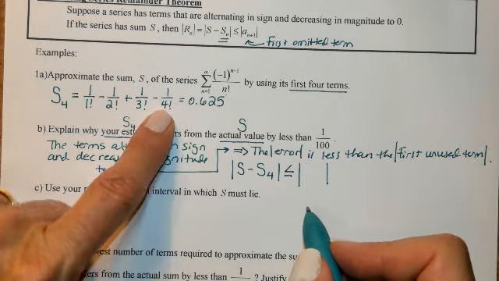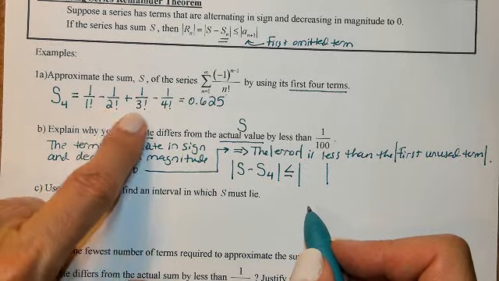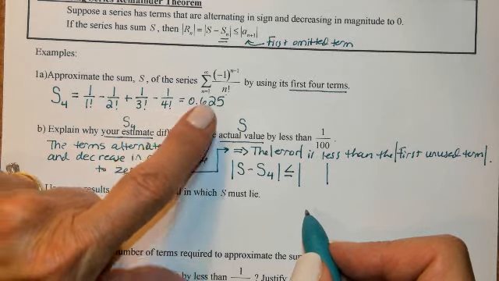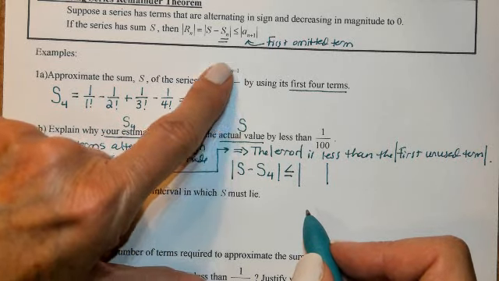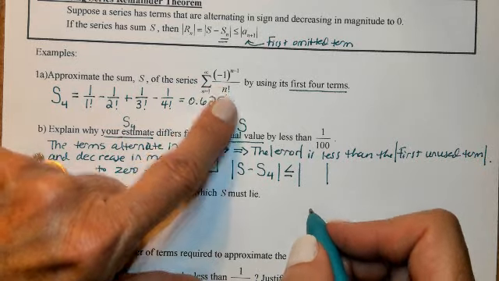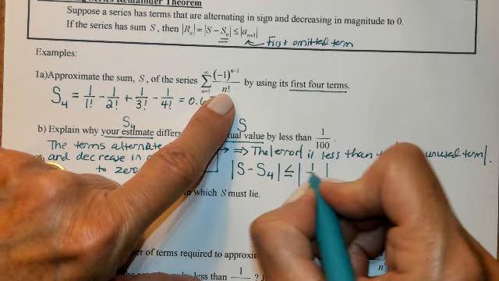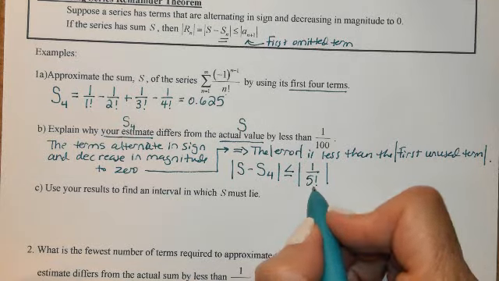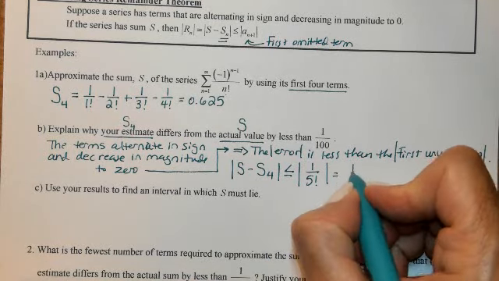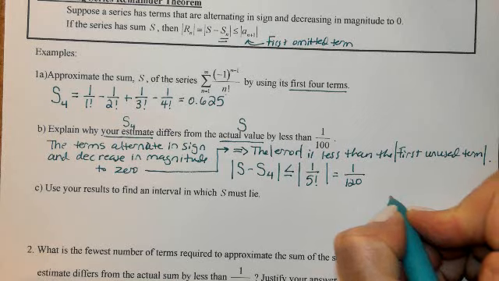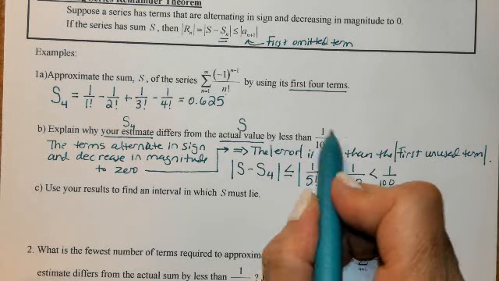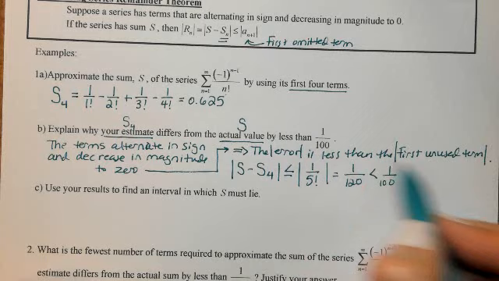What was our first unused term here? We went up to 1 over 4 factorial, which means our first unused term would be positive 1 over 5 factorial, right? Well, 5 factorial is 120, and that is less than 1 over 100, which is what we were trying to show or explain.